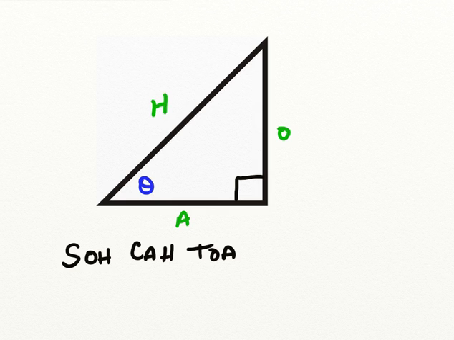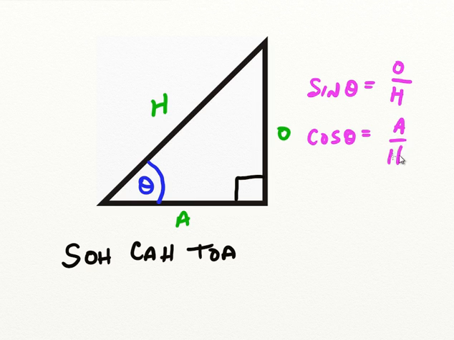And that means that we could draw a relationship between this angle and the lengths of the opposite and the hypotenuse with the sine function. So I could say, okay, the sine of angle theta is going to be the length of the opposite side divided by the length of the hypotenuse. And you could also say that the cosine of that angle is the adjacent side over the hypotenuse.